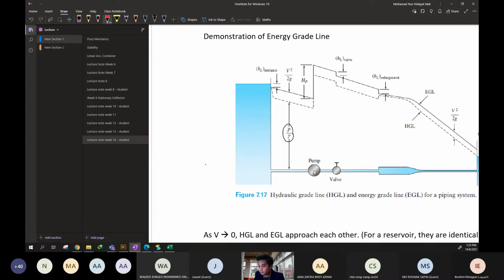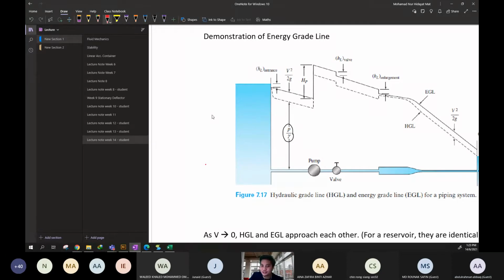So what's the function of the pump? Anyone? The function of the pump. Increase energy. Not accurate. Increase what? Velocity. Not accurate. Can you try to Google what is the function of a pump?